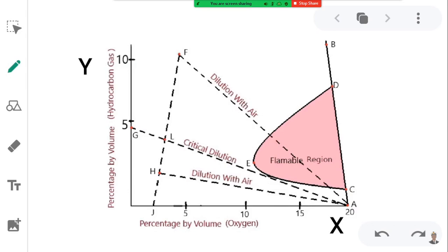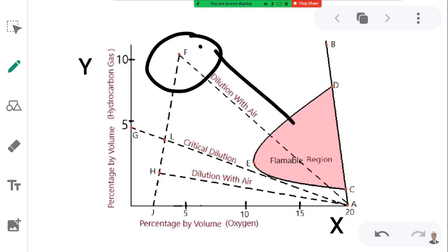Now let's assume a mixture of hydrocarbon gas, air and inert gas such that it is at a point F in the graph. If this mixture is diluted with air, that is oxygen concentration 21%, then the new concentration of the mixture will follow a straight line drawn from F to the 21% mark on the oxygen percentage x-axis, that is line FA.